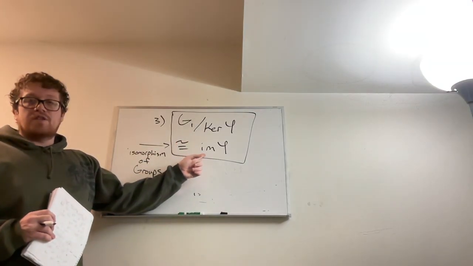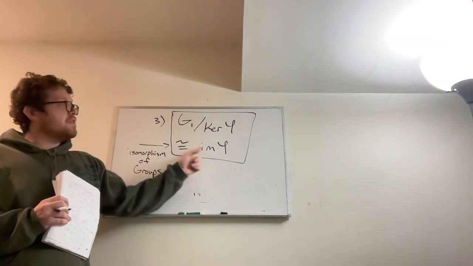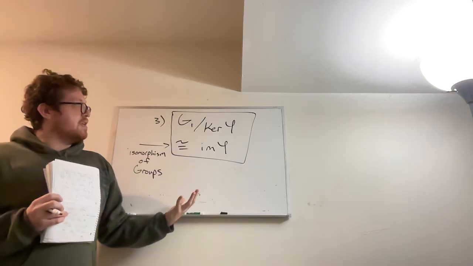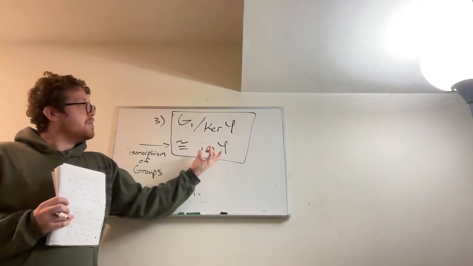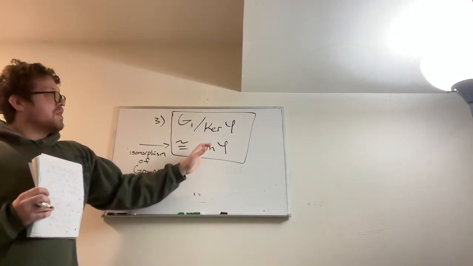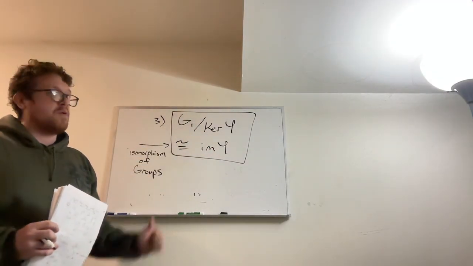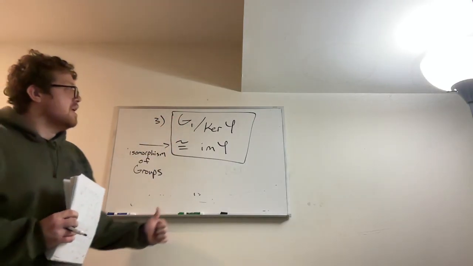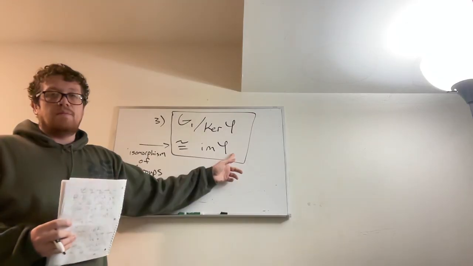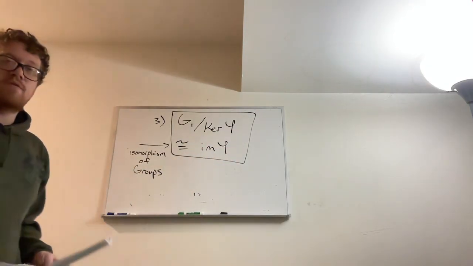And the image, we just said in the last page, was also a group, and the statement is that these groups are isomorphic, so they have the same structure in some sense. They might not be written down exactly the same because this is a set of cosets and this is some subgroup of G2, but there is some map between the two that's bijective and preserves the group operations in both. And so we would say that in terms of group theory, these two groups are essentially the same group, that we're writing down different symbols to represent them, but they're actually representing the same thing.